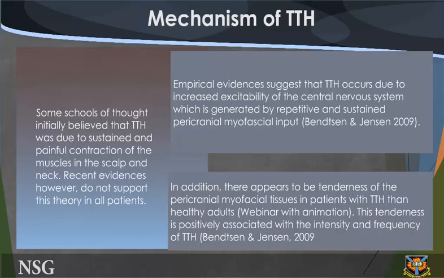(Benson and Jensen, 2009). In addition, there appears to be more tenderness of the pericranial myofascial tissues in patients with TTH than in healthy adults. This tenderness is positively associated with the intensity and frequency of TTH (Benson and Jensen, 2009).